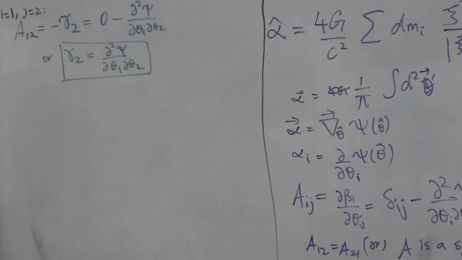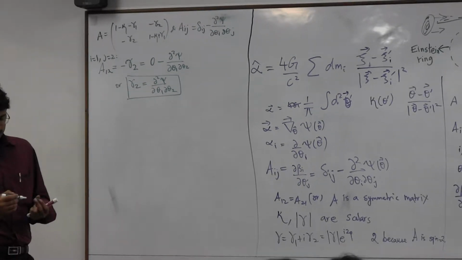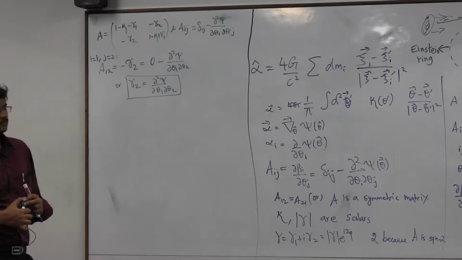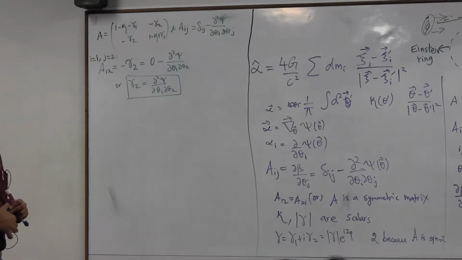What about gamma 1? Or what about kappa? That might be the next simplest thing. So how do you separate kappa and gamma 1? Because they are appearing together.